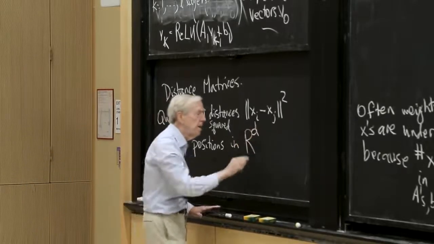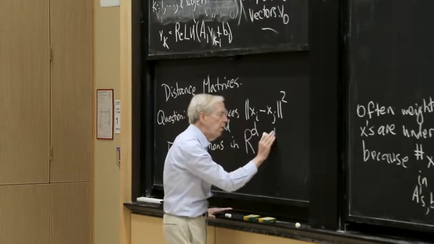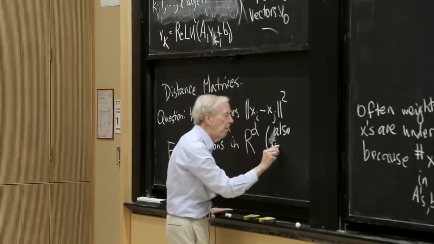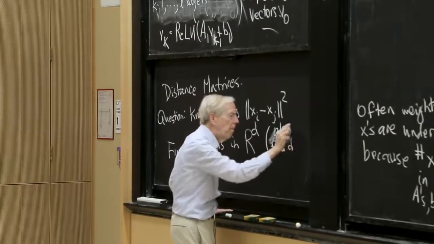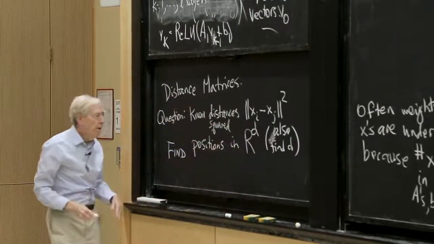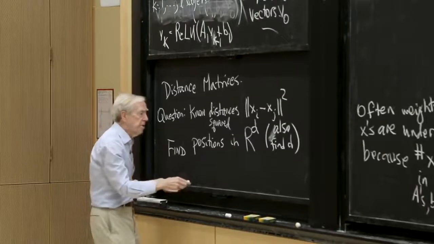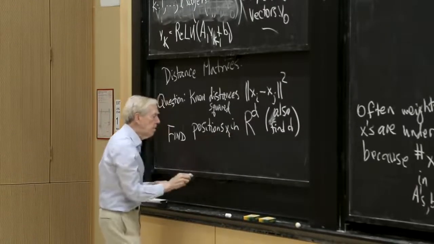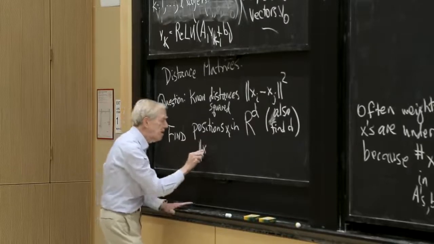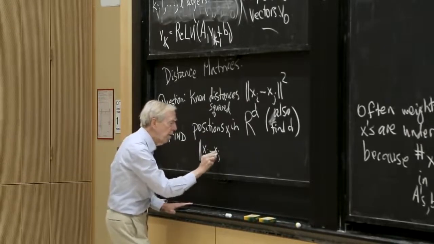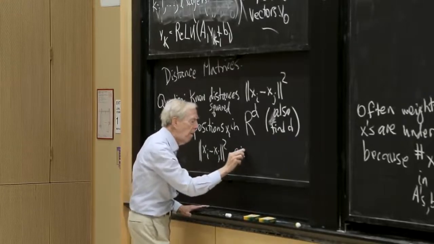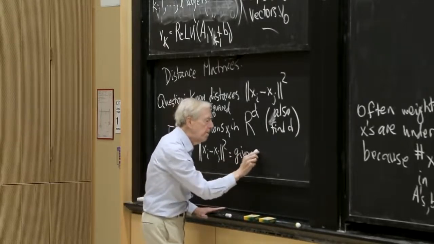I'll just put D, and we're also finding D. And what are these positions? These are positions xi, so that the distance between xi minus xj squared is the given dij.